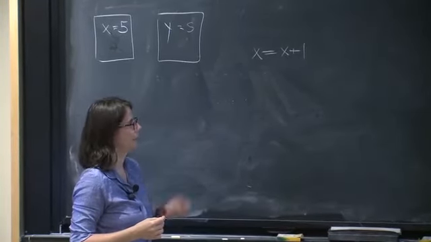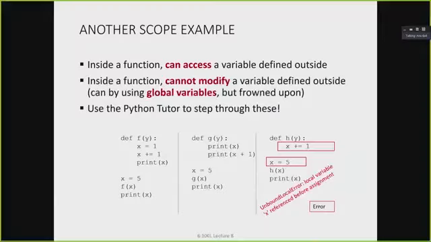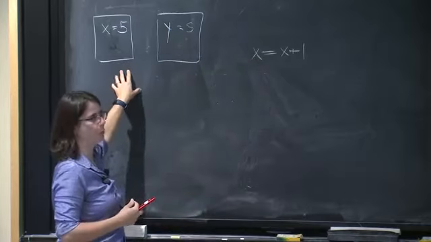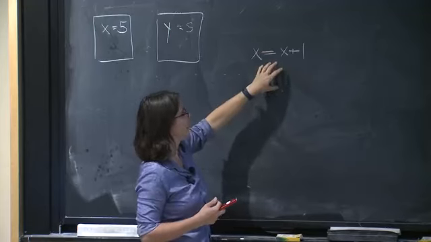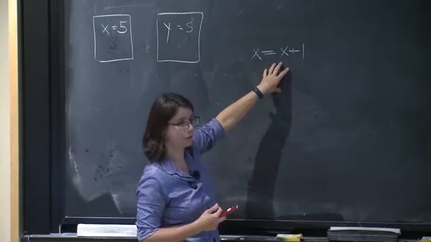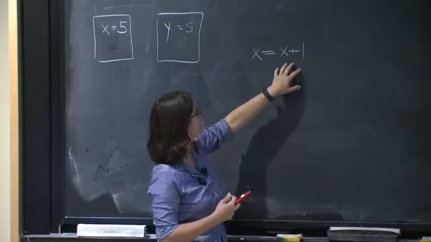This is actually an error. Python doesn't let you do that. And the error it gives you is actually what it says there. So UnboundLocalError: local variable x referenced before assignment. So it doesn't actually grab the value from the outer scope like we did in the middle bit. It doesn't grab it because it thinks you're trying to create a variable named x inside h, and you're trying to add 1 to x.